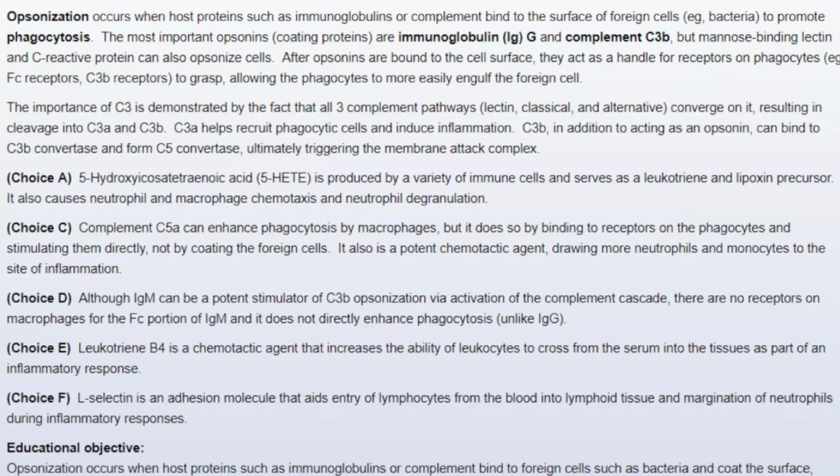They say immunoglobulin M can be a potential stimulator for C3b opsonization via activation of the complement cascade. There are no receptors on the macrophages for the Fc portion of immunoglobulin M, and it does not directly enhance phagocytosis, unlike immunoglobulin G, which usually binds to C3b to enhance macrophage phagocytosis.